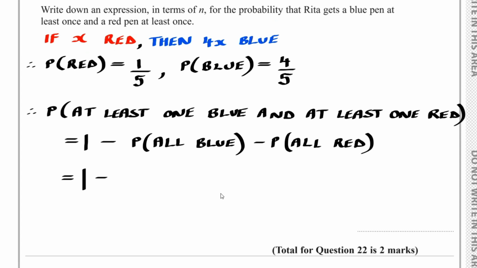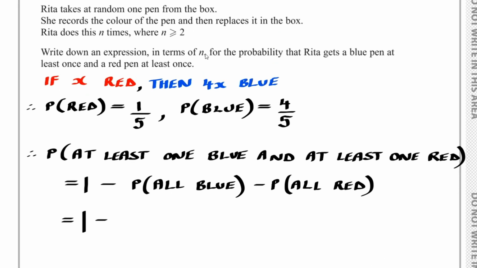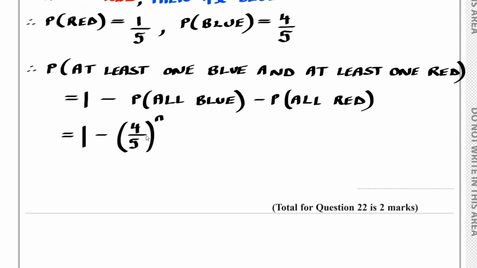Now the probability of all of them blue, remember I'm doing this process of taking a pen from the box n times, so I've got 4/5 to the power of n. So this is all the pens being blue, and then I subtract all the pens being red, so again I've got 1/5 to the power of n. So this is the expression we require.